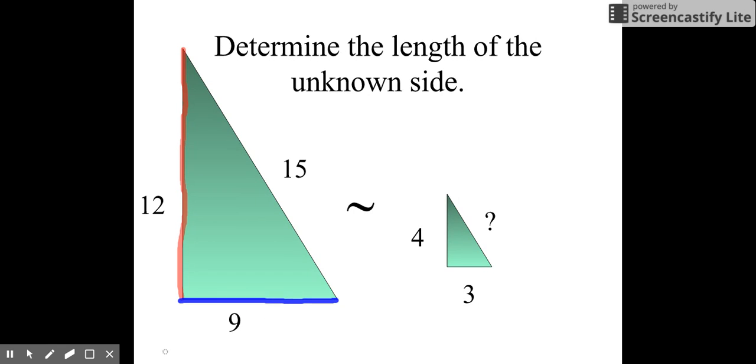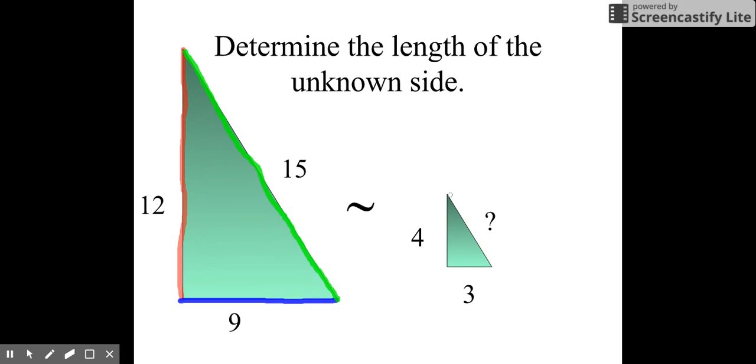Now, we also have this length. Now, we want to identify which sides match with which sides.